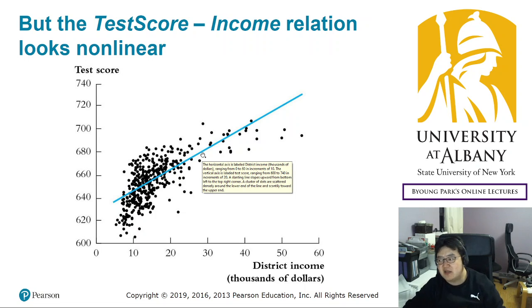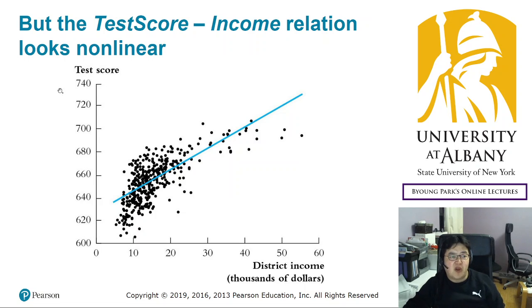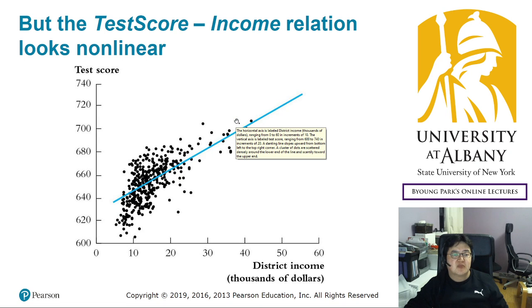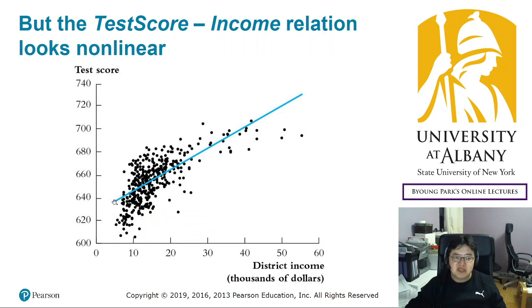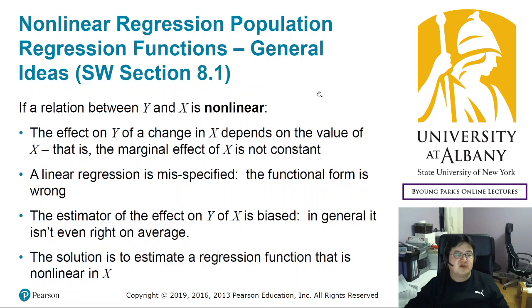So this is a clear example where the scatter plot implies a nonlinear relationship between these two variables. Still, you can do a linear regression model here, it is just not the best. So you can do nonlinear analysis without much difficulty.